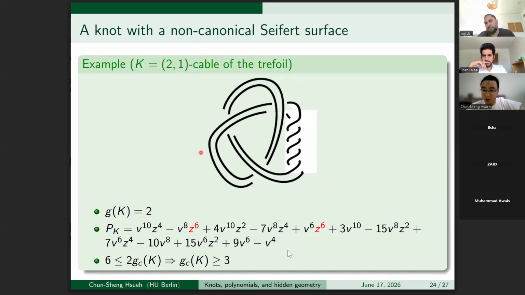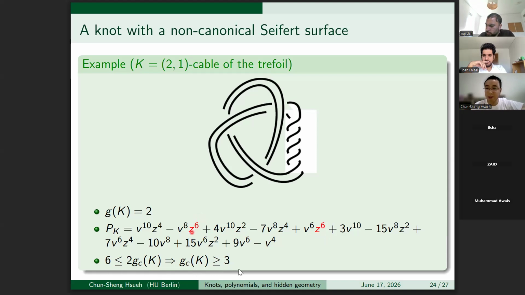I didn't calculate this myself, but I used a math program called SageMath to give me this HOMFLY-PT polynomial. Then I look at the highest coefficient of the z variable, it's 6.